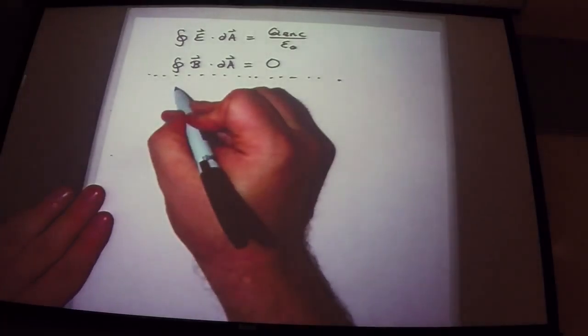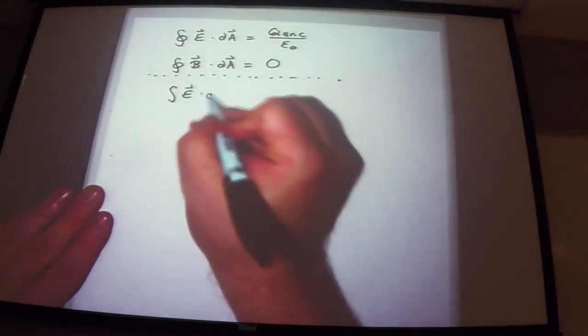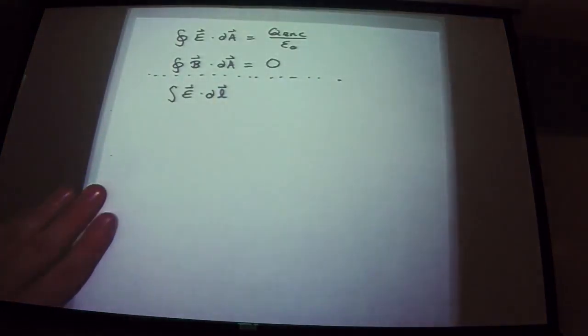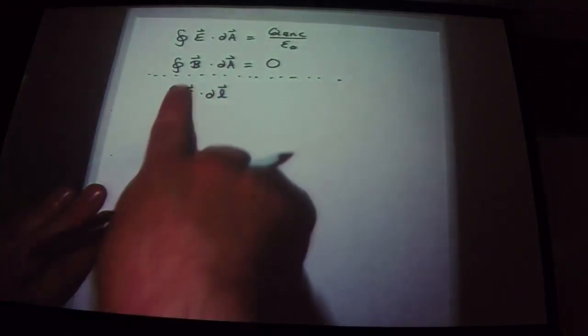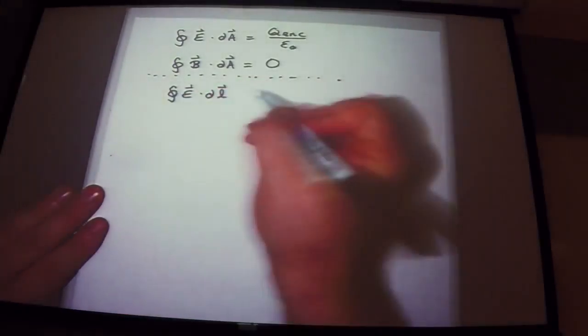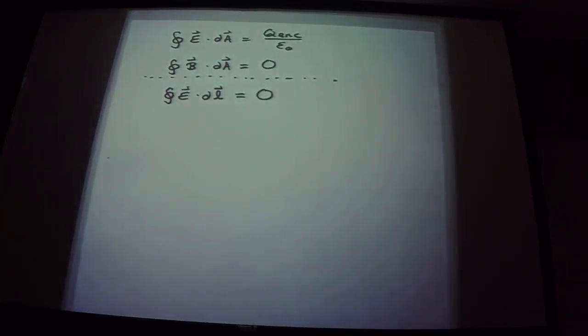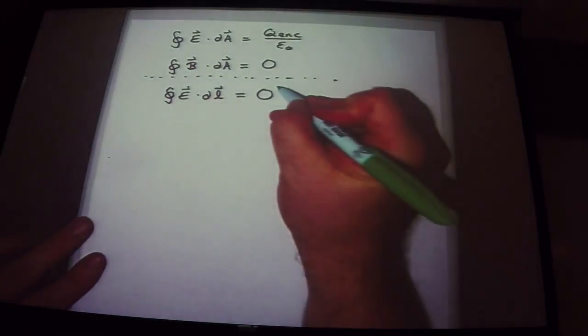Remember, the voltage is the integral from A to B of E dot dL, where dL is the line element. This is the voltage difference. But if you loop back onto the same point, you should get 0 because the voltage is single valued. So we have our line integral for the electric field. That's 0. I'm going to put a little asterisk up here.